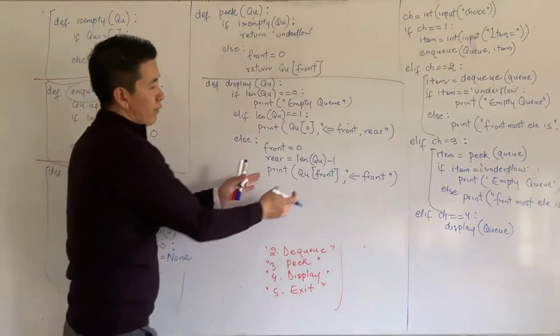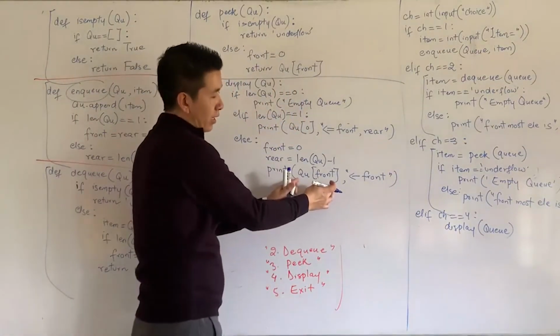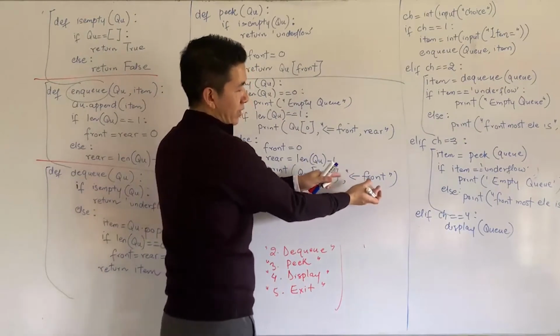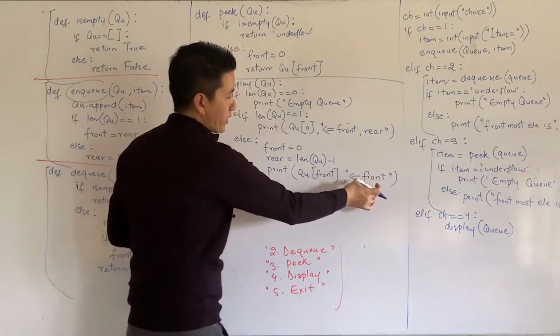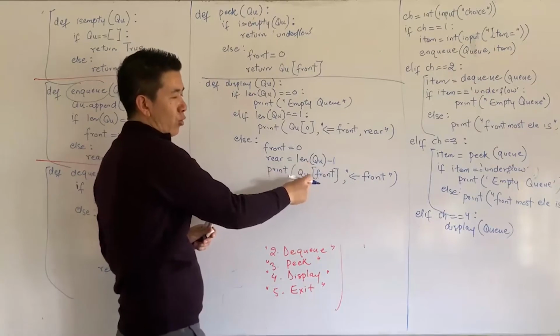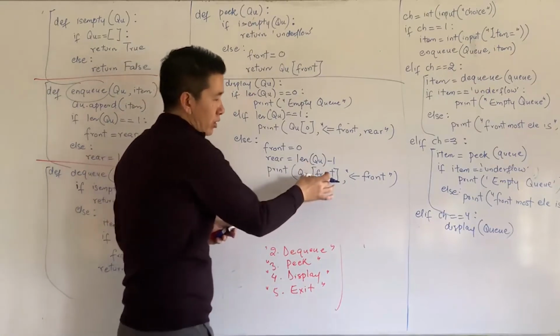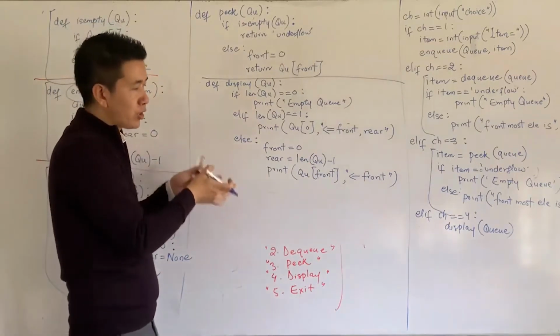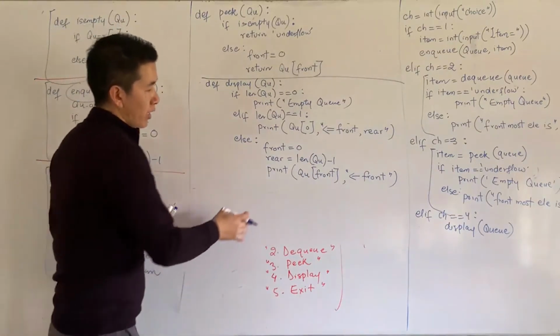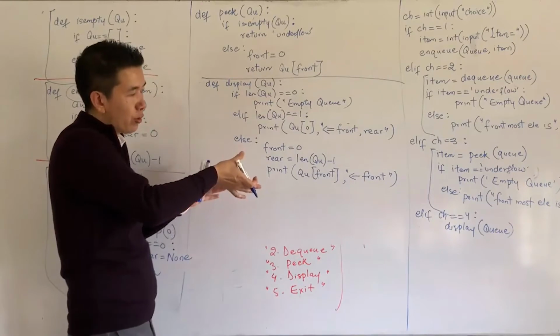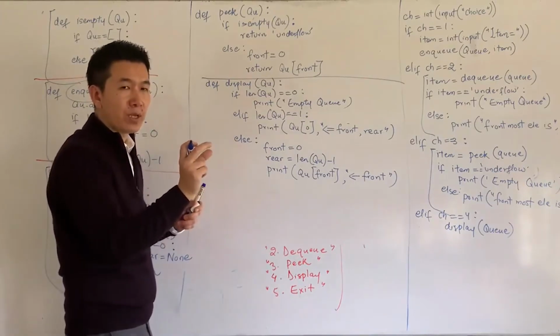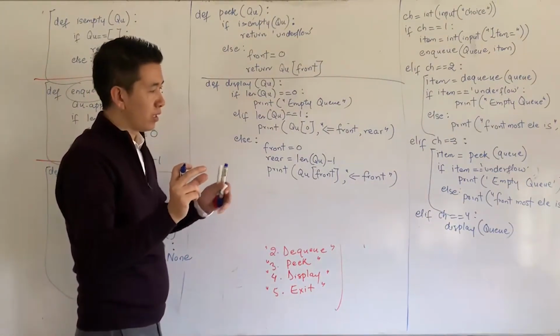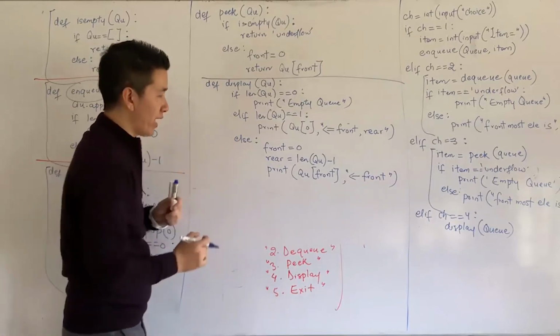So the first element will be printed, assigned to it is a front label, pointing to the queue of 0, which means this is the element which is at the frontmost end of the queue, and then I now need to print the in between elements between the front and the rear end. All right.